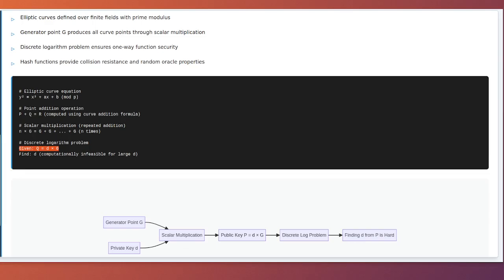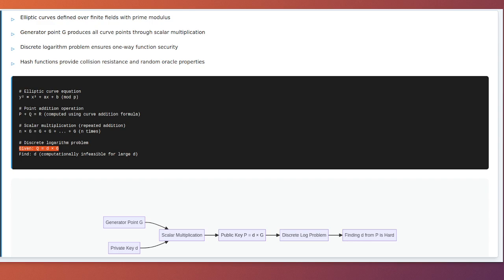In the Schnorr signature scheme, we also rely heavily on cryptographic hash functions, which must exhibit collision resistance, preimage resistance, and behave as random oracles in security proofs. The hash function takes arbitrary length input and produces a fixed length output, typically 256 bits for modern implementations.